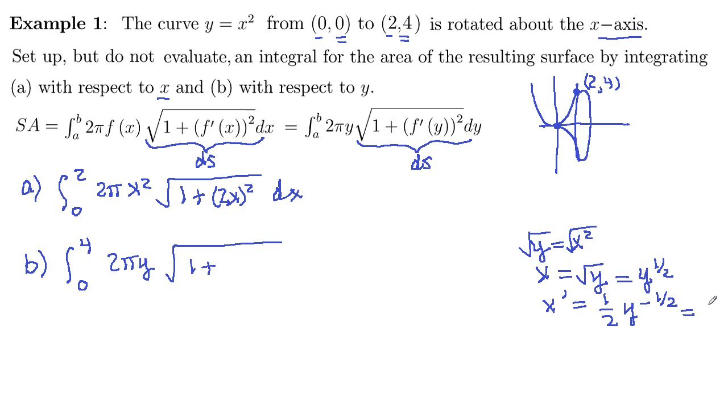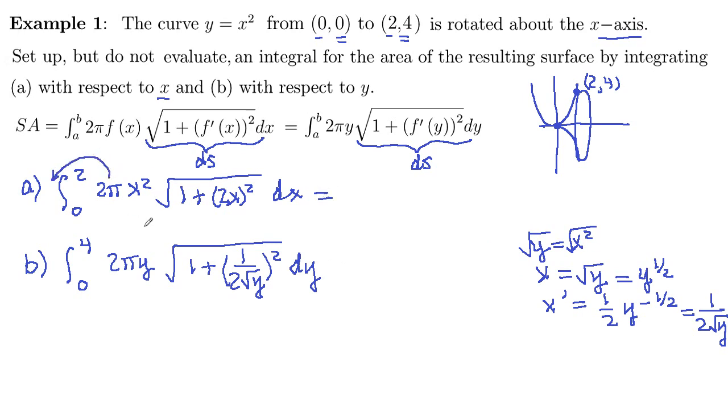And that is the same as 1 over 2, and then y to the 1/2 in the denominator is square root of y, so 1 over 2 root y. So that is our f prime of y, and that guy gets squared, dy. So we're set up.